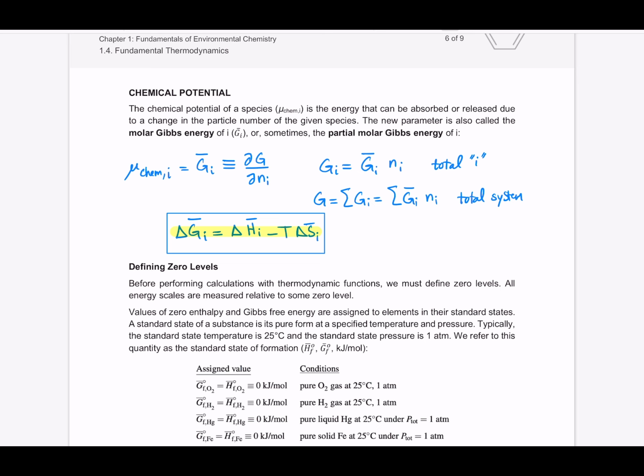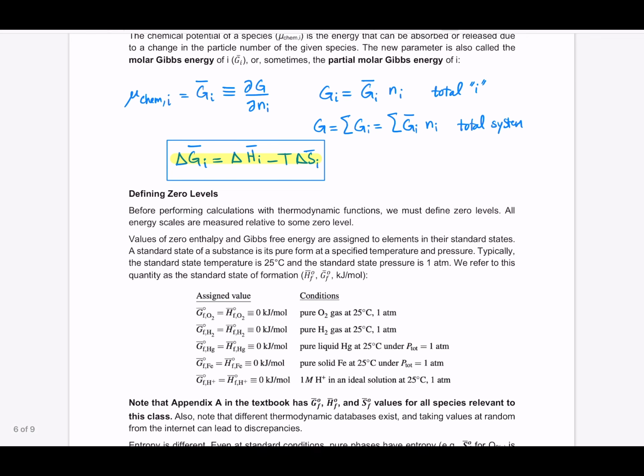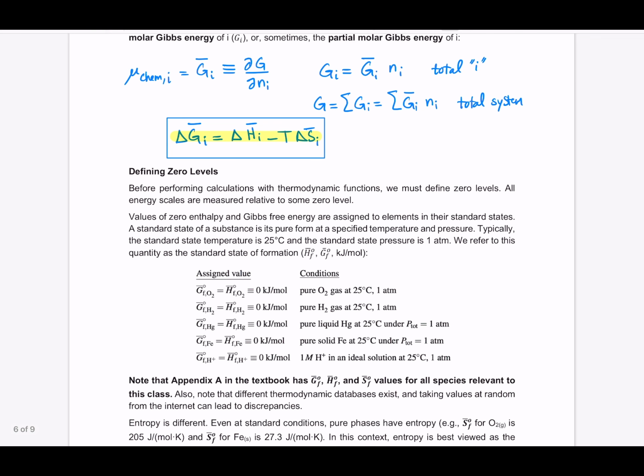So similar to the activity that we defined as baseline, defining a baseline and then comparing everything to it is a common practice. There's also a common practice here to define a zero level for G and H, or what is the zero level of G for a specific element, and then we can compare other elements at other conditions to that specific zero level.